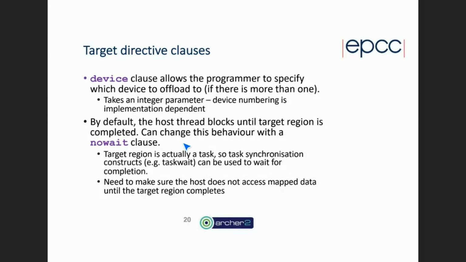In that case the target region behaves like a task, so you can use task synchronization constructs like taskwait to wait for completion. But then you really do need to make sure that the host doesn't access any of the mapped data until the target region completes.